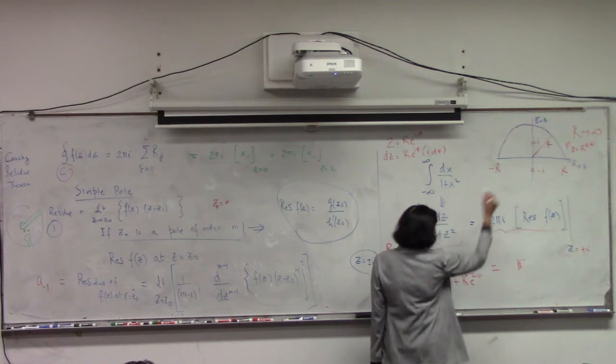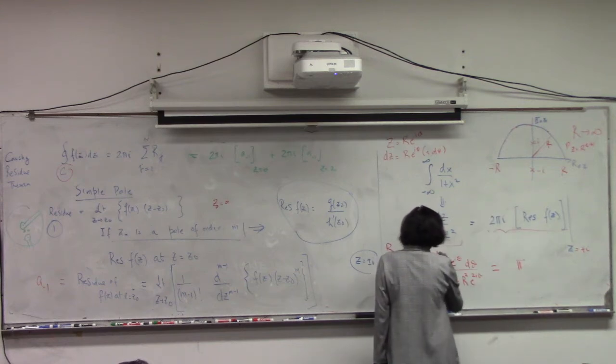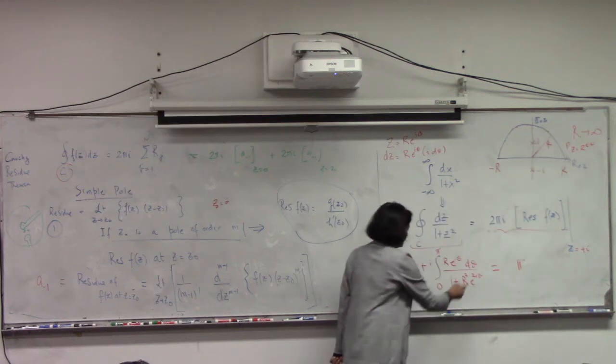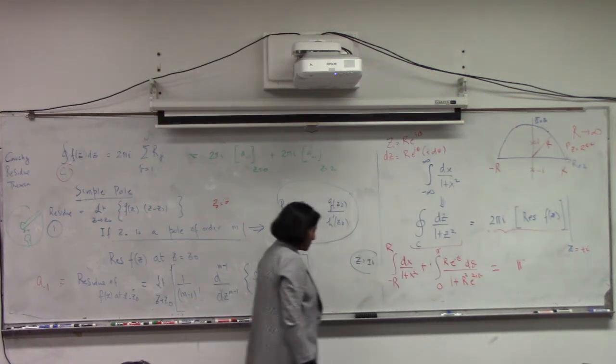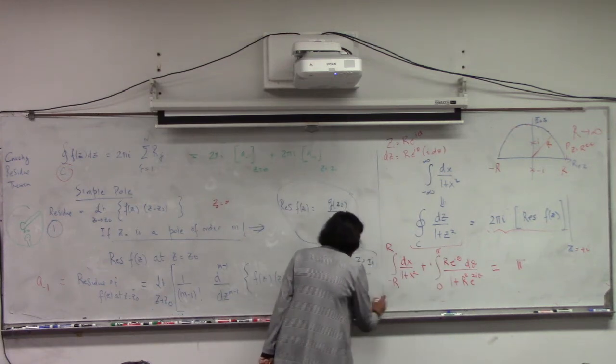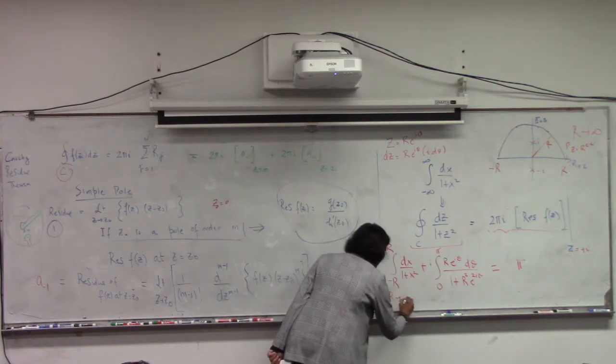And I'm going from 0 to pi, right? Now r is constant, so if the variable is theta, theta is 0 to pi.